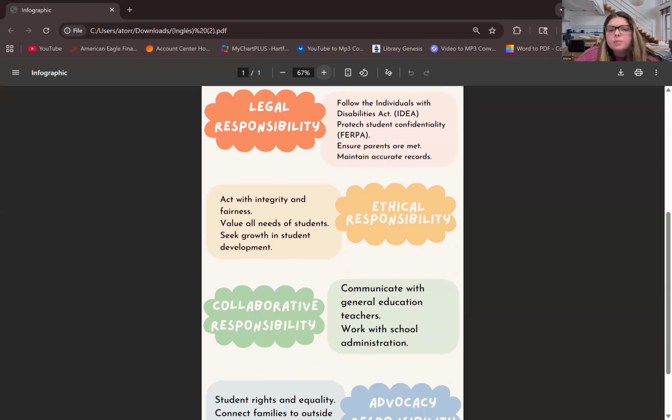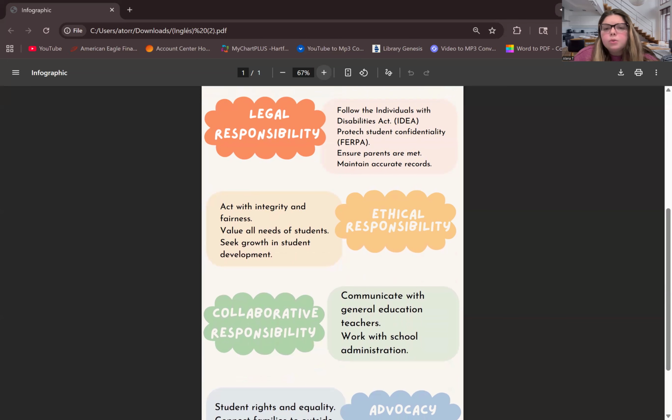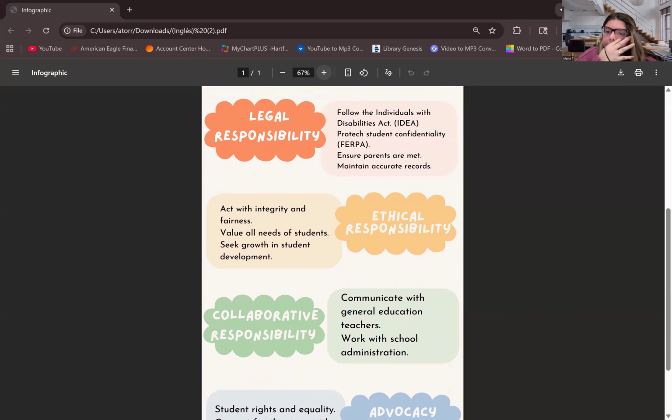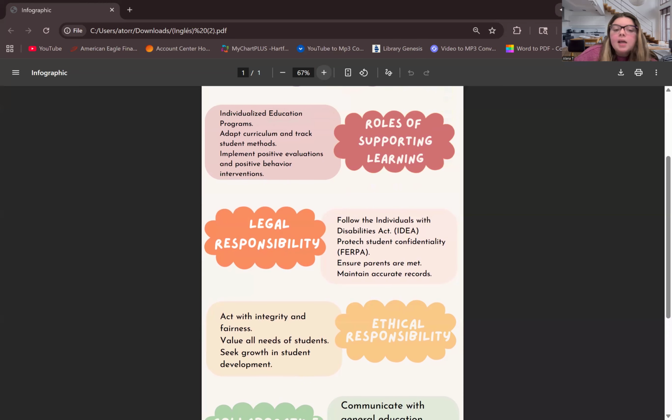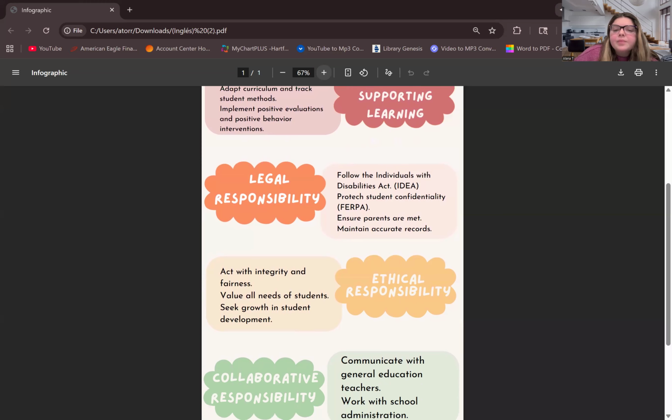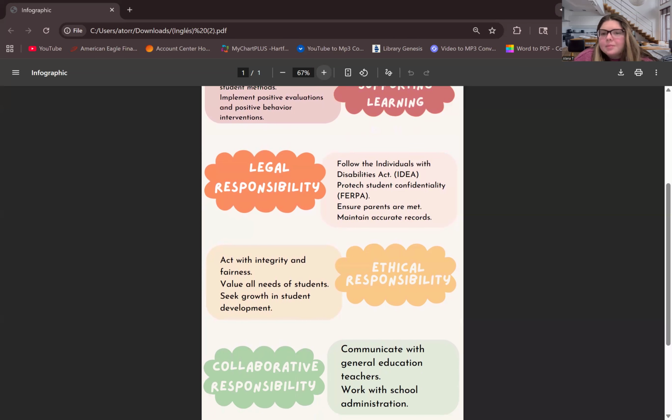Legal responsibilities would be to follow the Individuals with Disabilities Act and protect students' confidentiality when it comes to their needs and their IEPs, but protecting them under FERPA is the main point of what I'm trying to say.